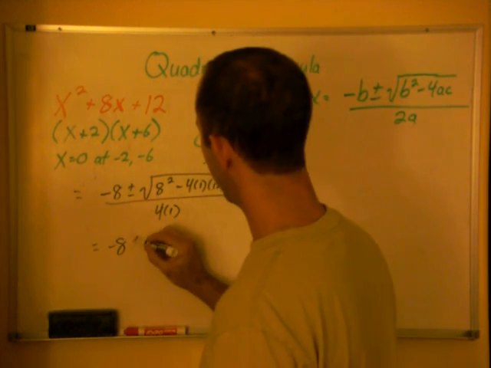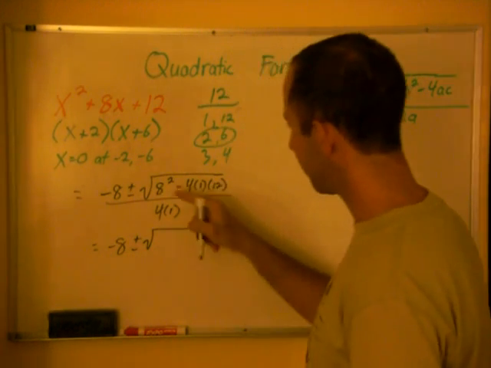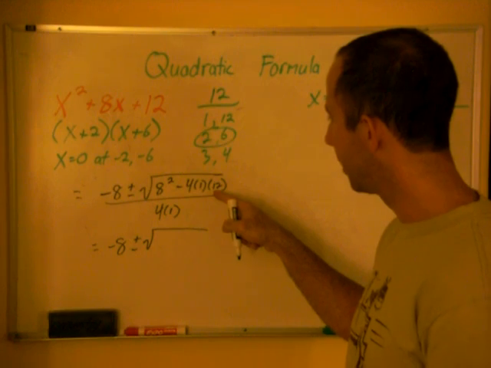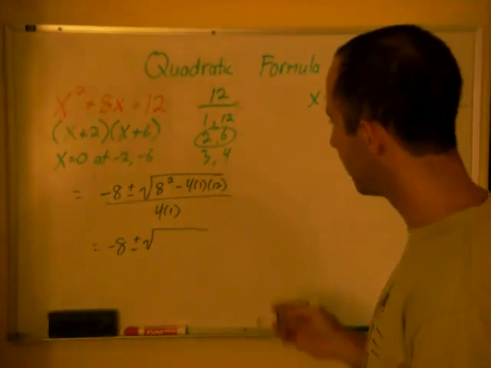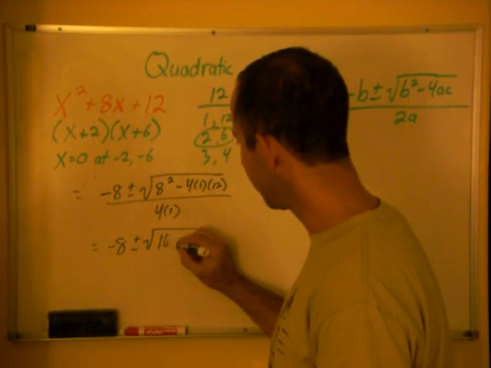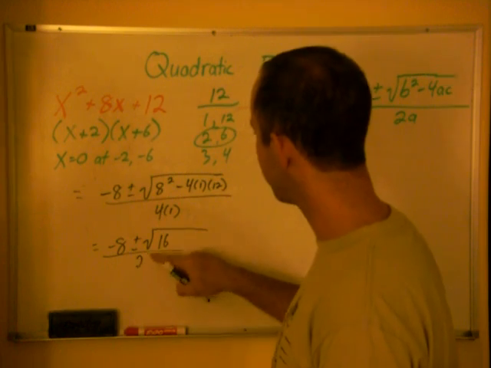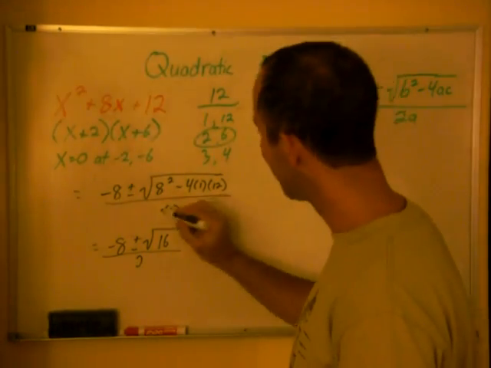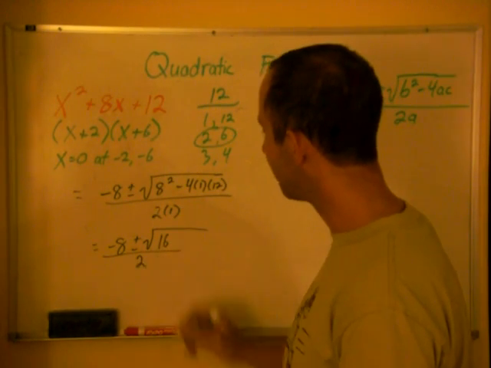Negative 8 plus or minus the square root of 64 minus 4 times 1 times 12, which is 48. So it's 64 minus 48, which is 16, over 2 times, or excuse me, I made a mistake there. That's supposed to be 2 times 1, not 4. Okay, so 2 times 1 is 2.